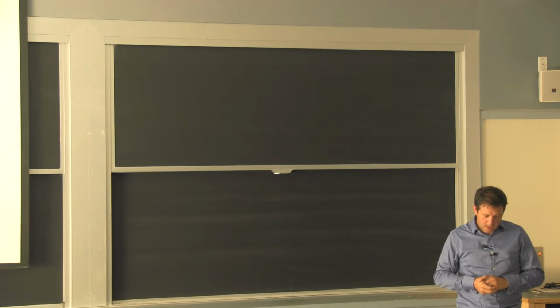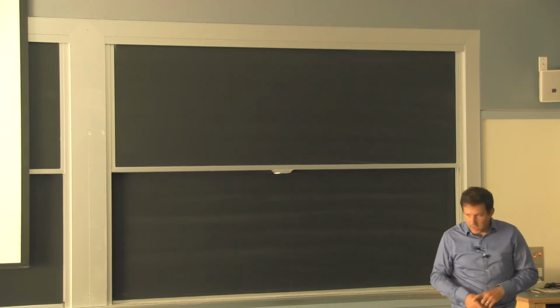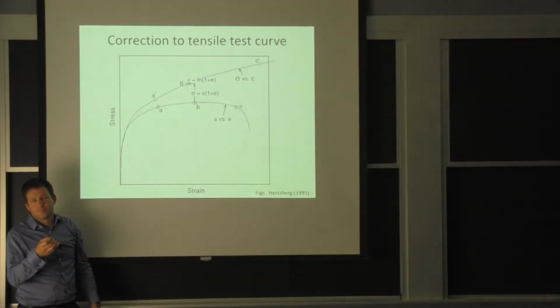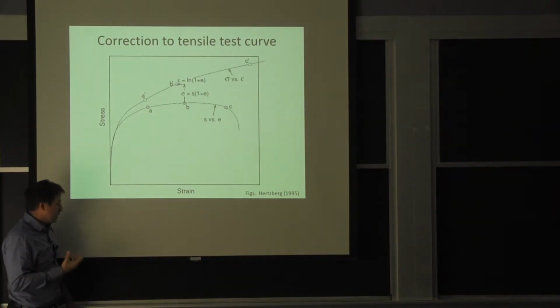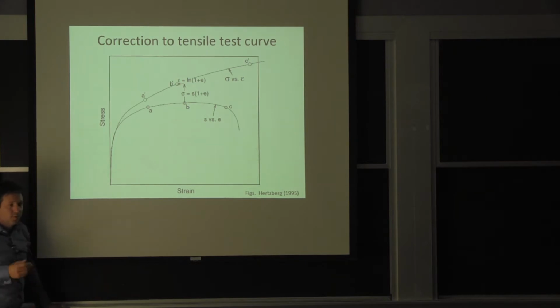Now you can only make the correction up to the peak load here if you use the stress strain curve. If you try to extrapolate beyond that, you would need to know the diameter or the area in the neck zone. But what we normally do, and this becomes very important if you're working on a team where someone is using finite element analysis to study how something is deforming, is this: you have to put in material properties, and a lot of times all you have is the stress strain curve.